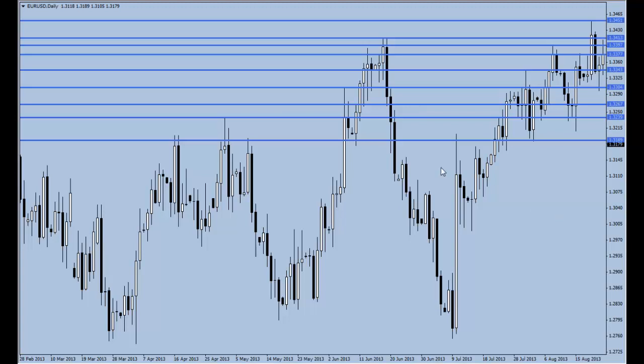So what we're going to do is take our chart and drill down to a 4-hour basis, and we're just simply going to be looking at the market from the standpoint of August 23rd.